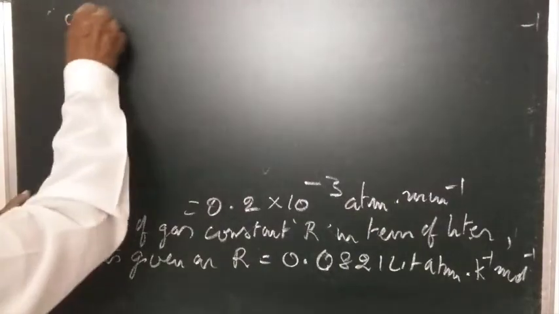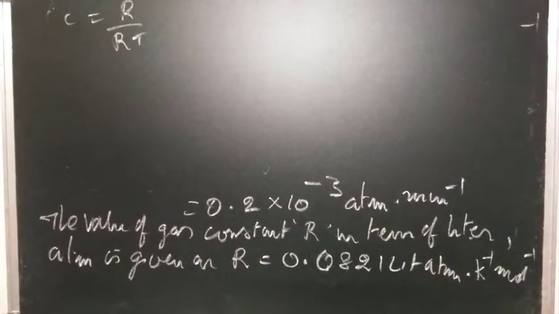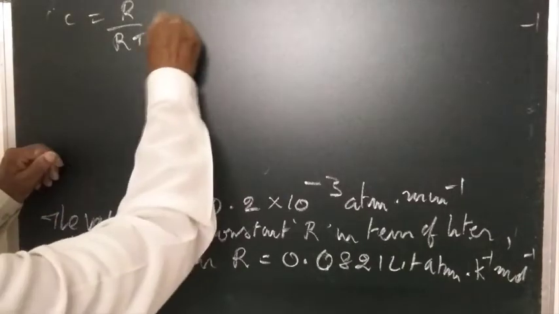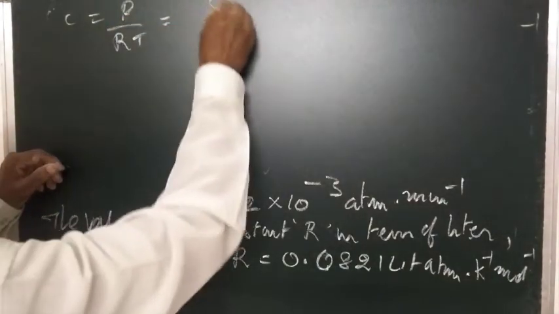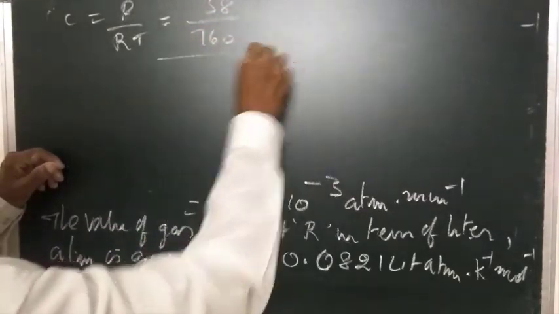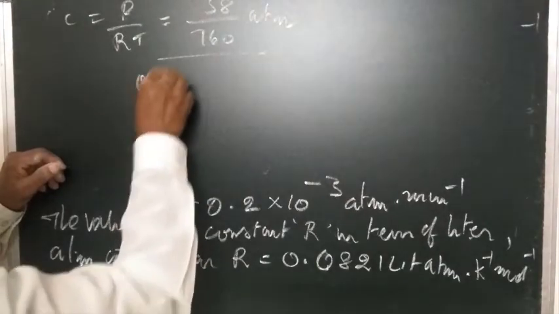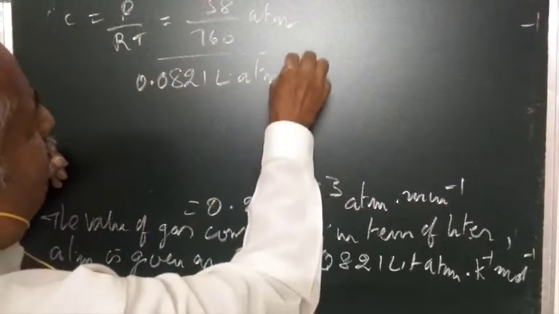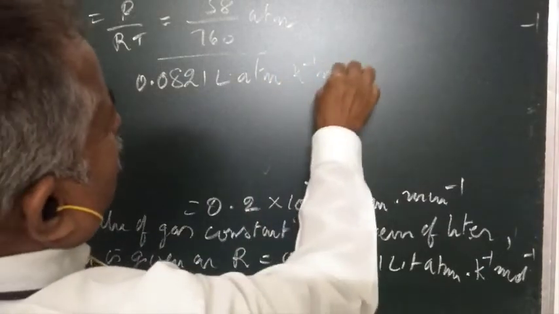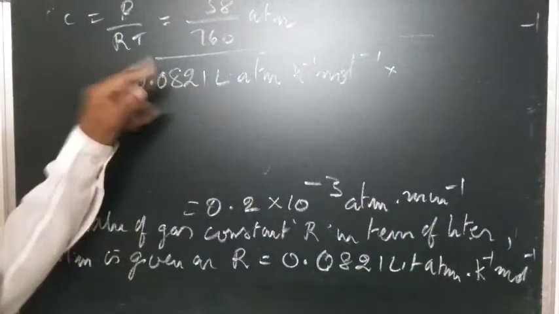But we know that C equal to P by RT. So this is nothing but P, which is 38 by 760 atmosphere, by 0.0821 liter atmosphere K minus 1 mole minus 1 into temperature.